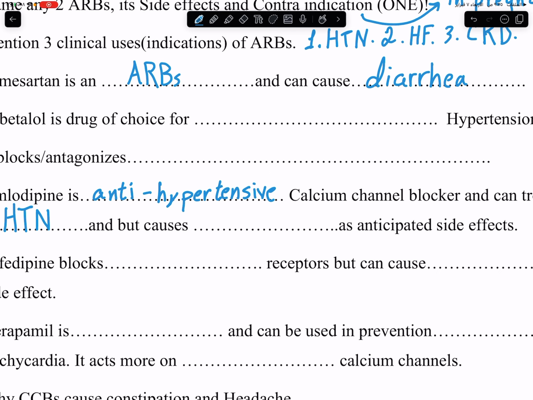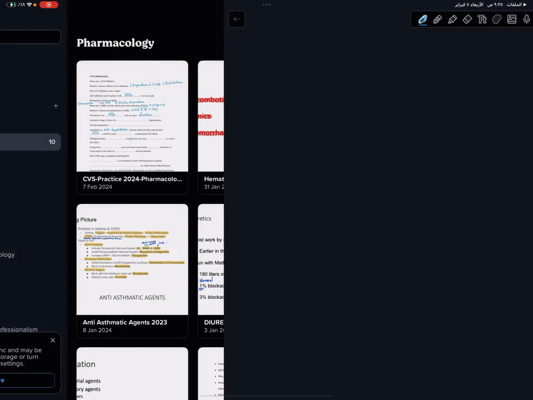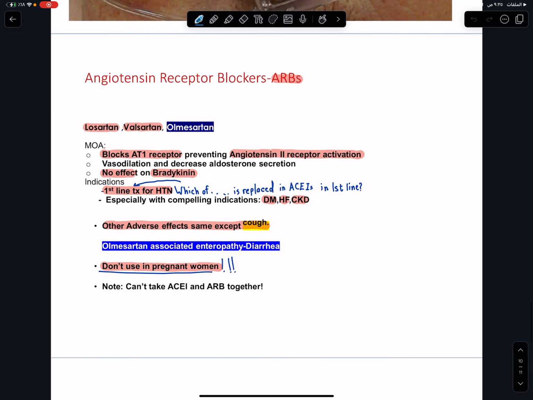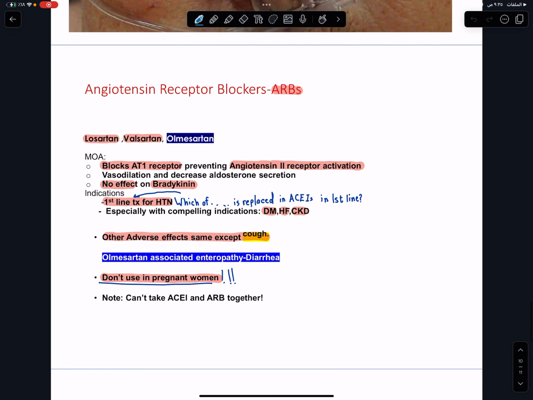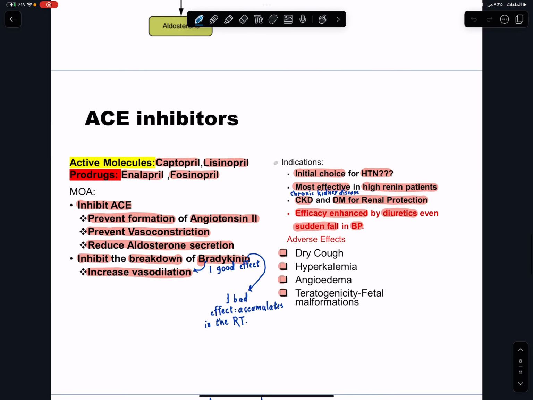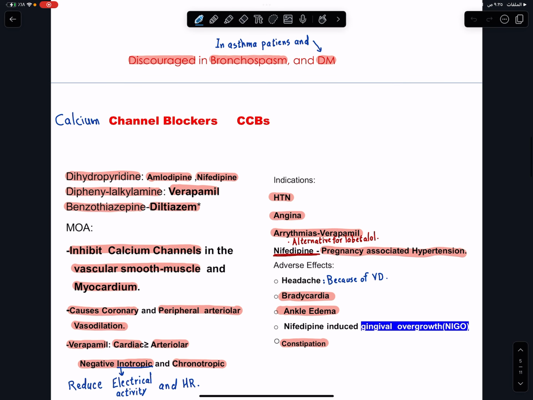What will a calcium channel blocker cause? If you remember, I told you some important points: any calcium channel blocker can cause headache, any vasodilator, because it is a vasodilator, so it can cause headache, first one. Second one, it can cause constipation.